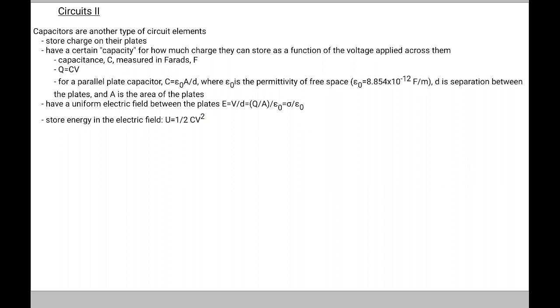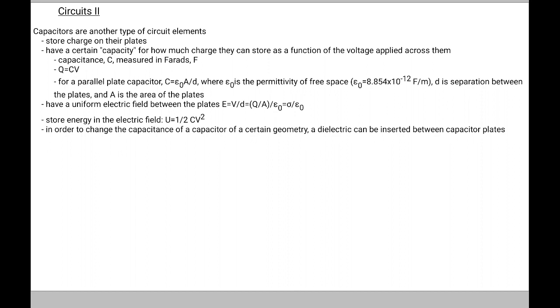If we substitute V as Q over C, then we end up with 1/2 Q squared over C. So there are 3 equations that we can use for the energy between capacitor plates, depending on which 2 of the 3 quantities we have.